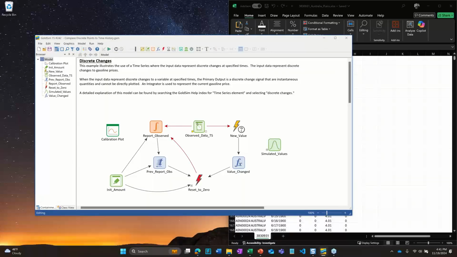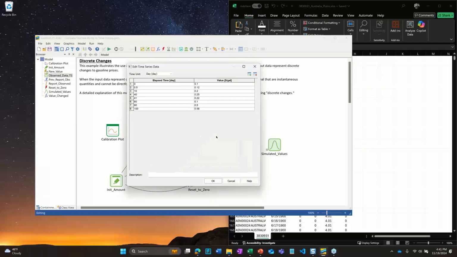Okay, so here is a data set. We have some observed data, and you can see here that they are happening at just not equal time durations between each. They're not regular intervals, is what I mean.